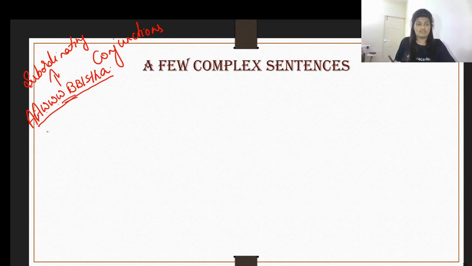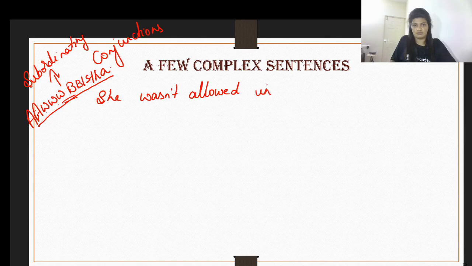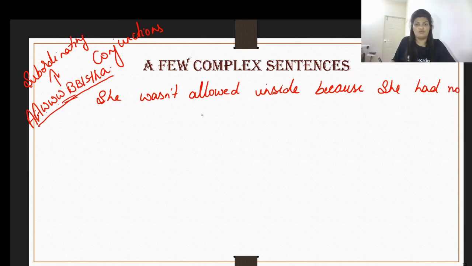Let me give you the examples. Number 1: she wasn't allowed inside because she had no identification card.